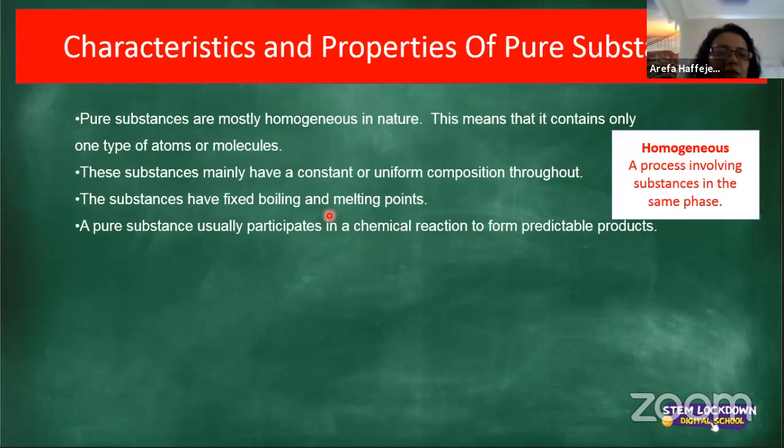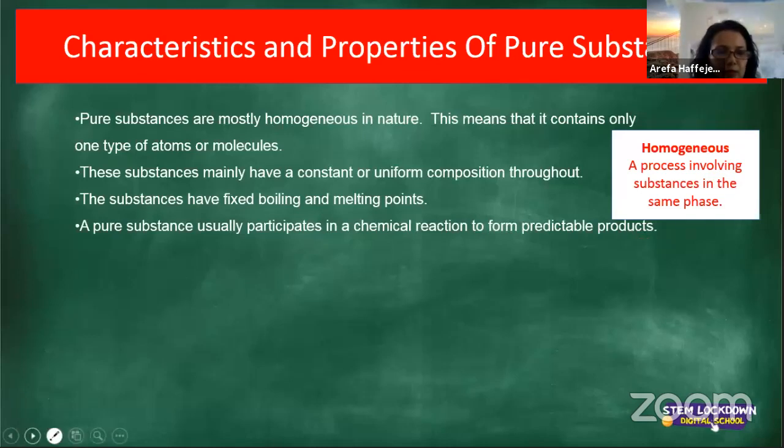Like for example, water boils at 100 degrees Celsius. Now, the pure substance usually participates in a chemical reaction to form predictable products. Now, basically, from the periodic table, when you have pure substances and they take part in chemical reactions, we basically know what type of product that it is going to form. So that's why we say it forms a predictable product.